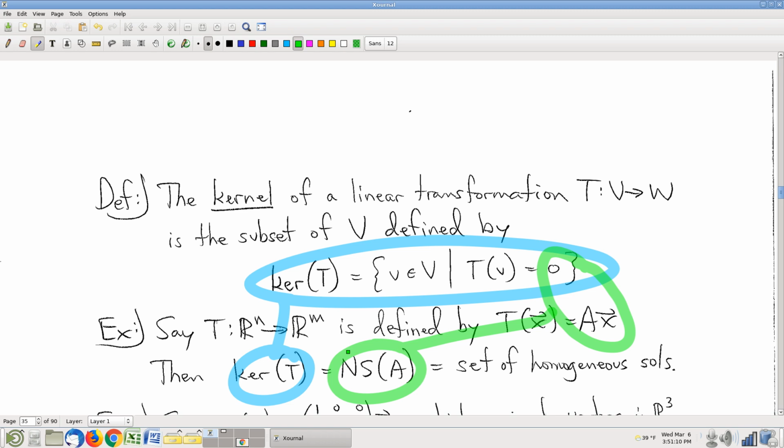Which brings up the obvious question, why have 3 terminologies if they're all the same thing? And there's a pretty good answer to this question, by the way. Homogeneous solutions is a reference to a system of equations. We can choose to view a system of equations with a matrix, but matrices also come from other places. So we have to have a terminology in reference to matrices because they're different things.